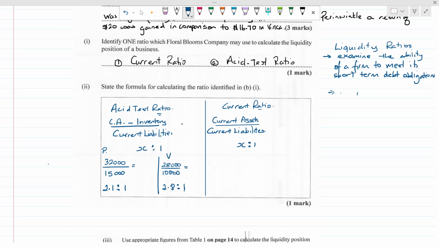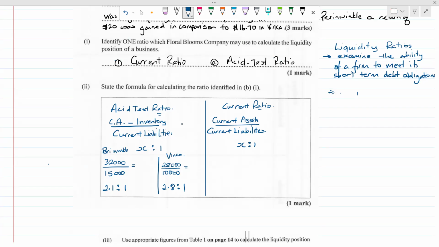So basically what we're saying here is that for Periwinkle, they could meet their short-term debt obligations 2.1 times. They could pay all of the current liabilities out 2.1 times. That's not bad. That's good actually.